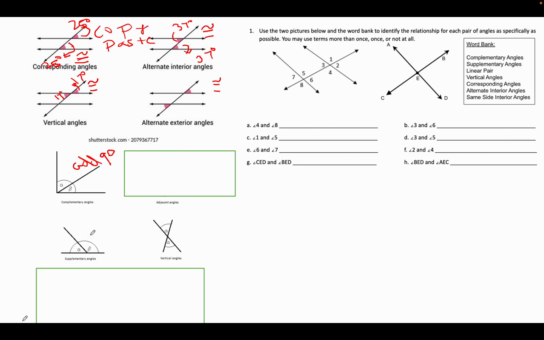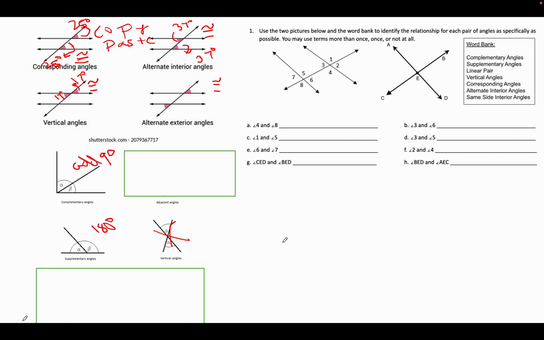Supplementary angles add to 180. And vertical angles we already covered up there. But anytime you're setting up these types of problems, either they're going to be the same value, like 37 and 37 degrees, or they're going to add up to 180.